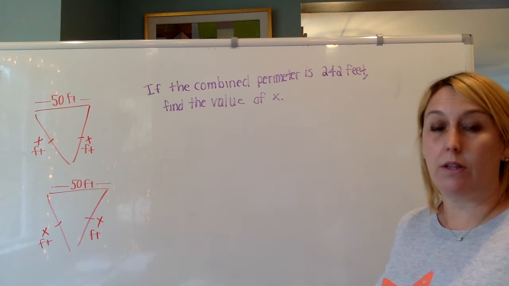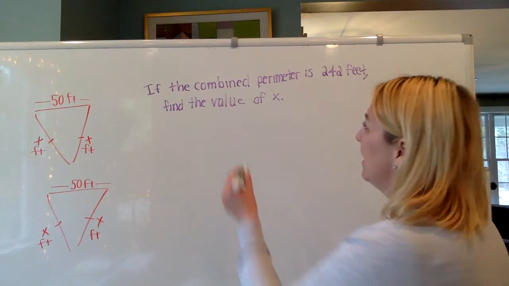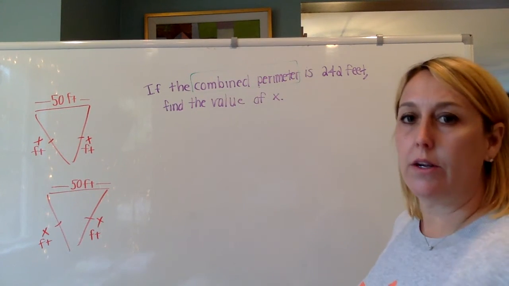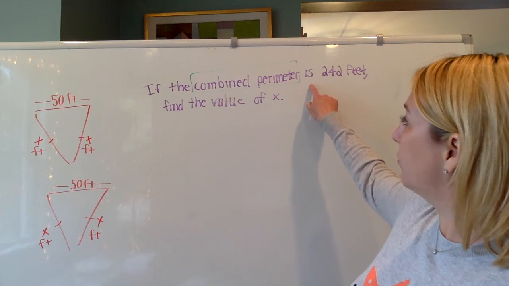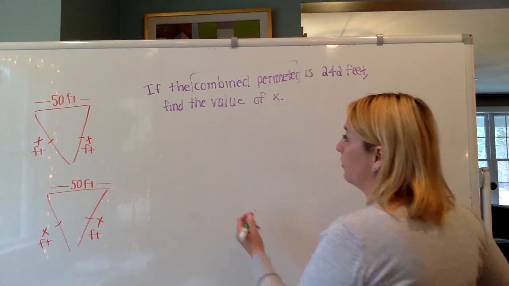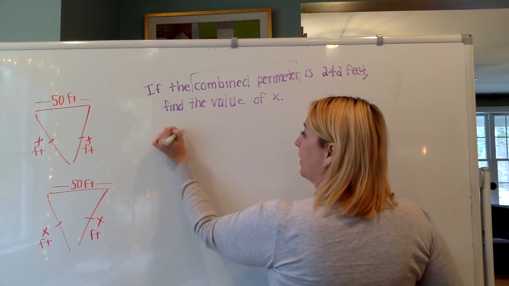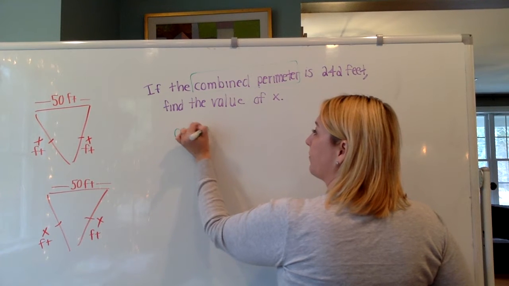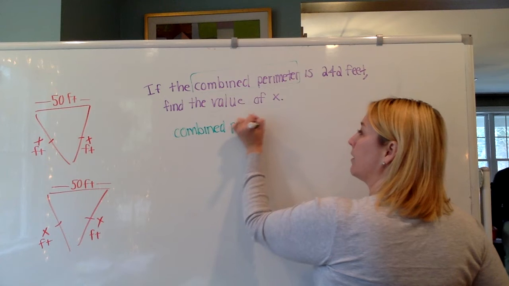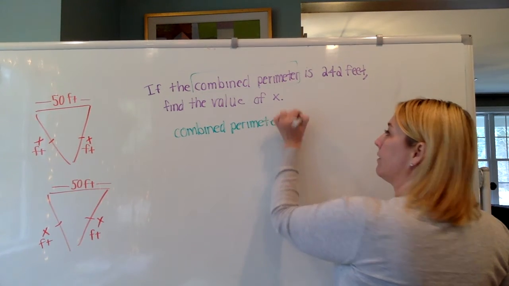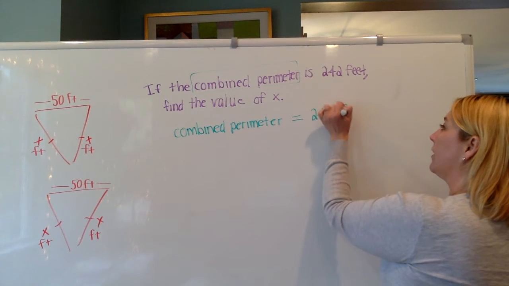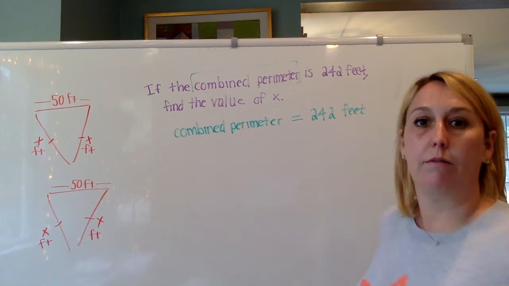So the first thing you have to think of is combined perimeter, right? And how do we find perimeter? Once we know how to find perimeter, we know that it is equal to 242 feet. So the combined perimeter is equal to 242 feet.